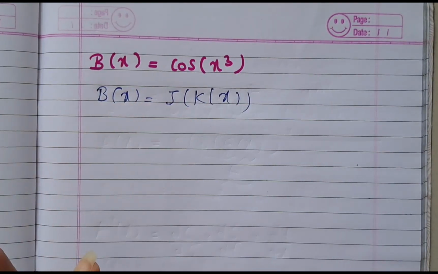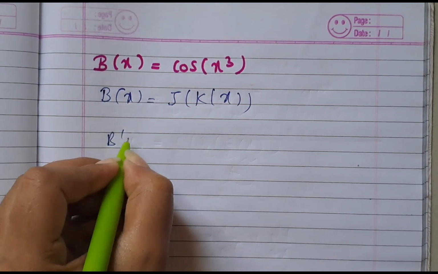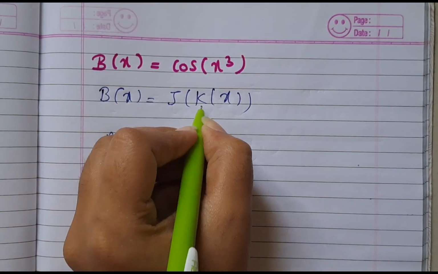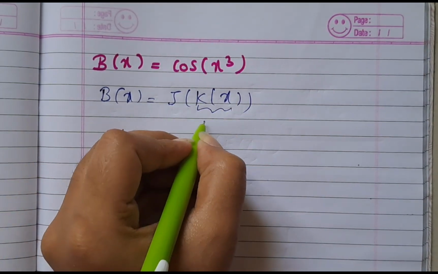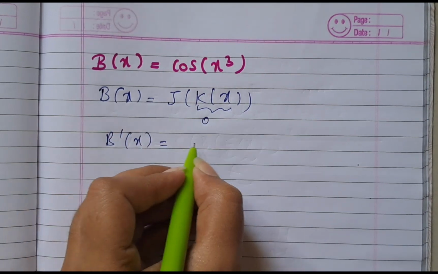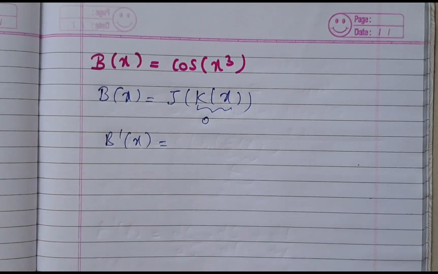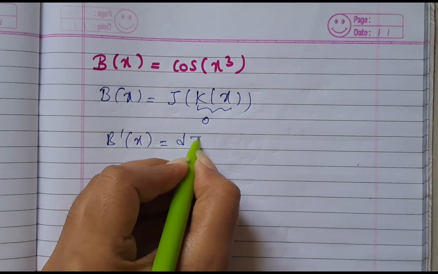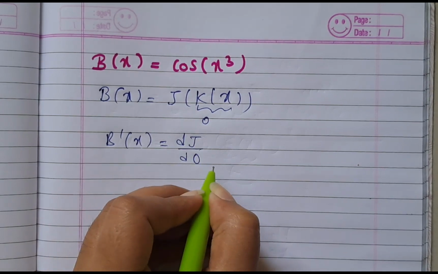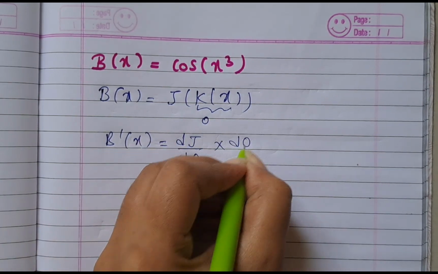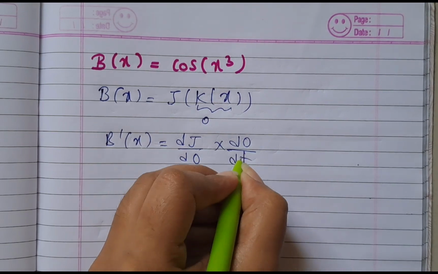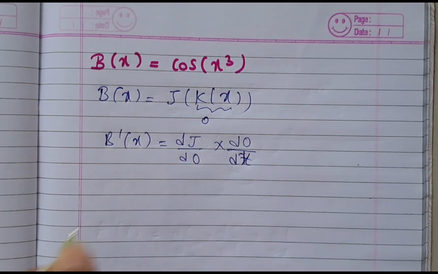Just a combination of two functions. So b dash of x will be what? K of x, we suppose it as o. So it will be dj by do into do by dx.